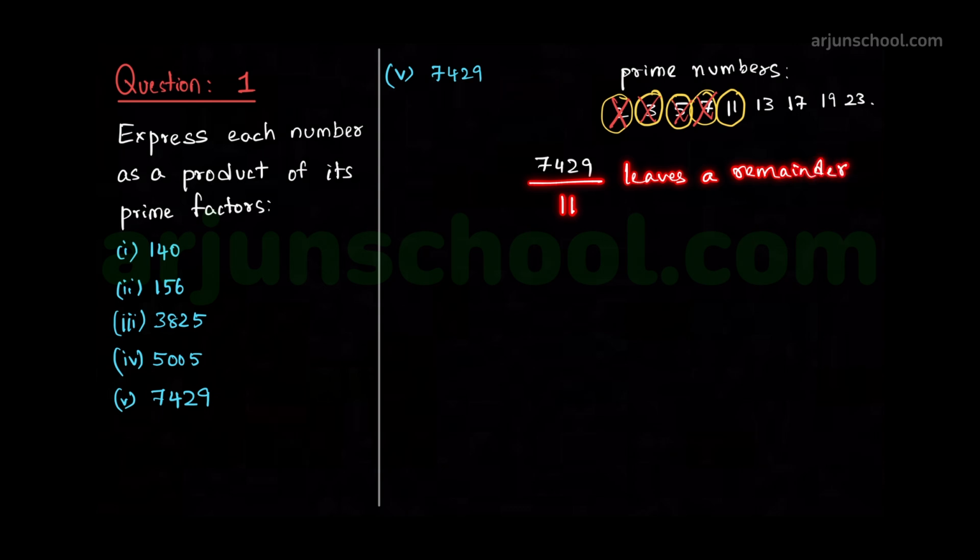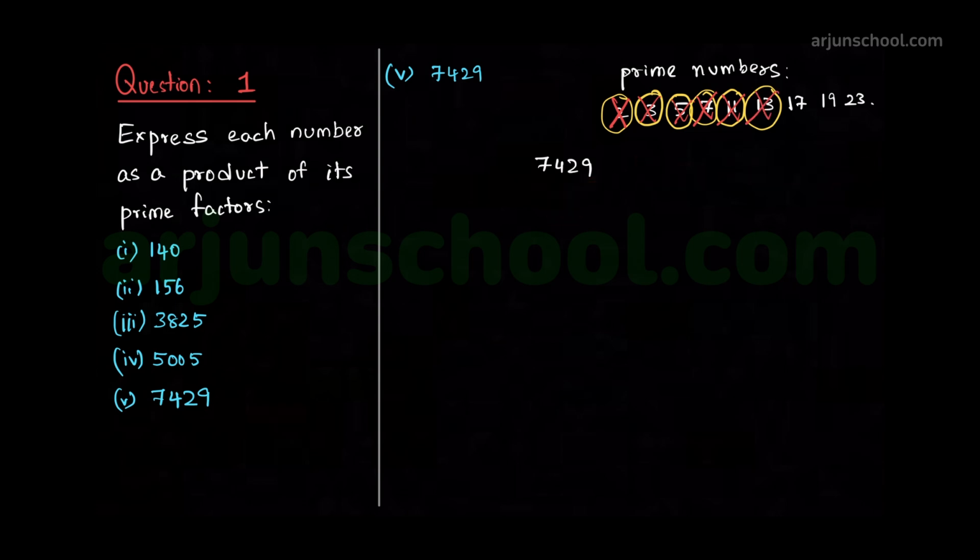Therefore 11 is also not a factor. Now try the next prime number 13. 7429 divided by 13. Dividing by 13 also leaves a remainder. Therefore 13 is not a factor for 7429.